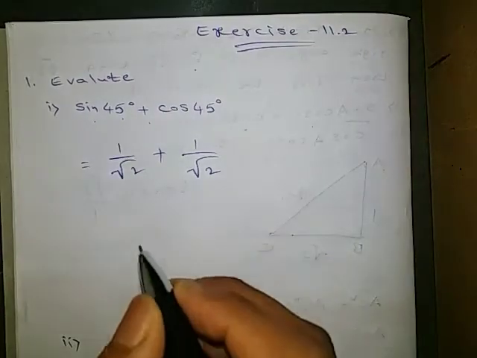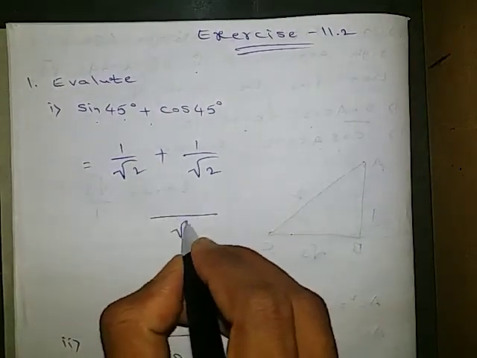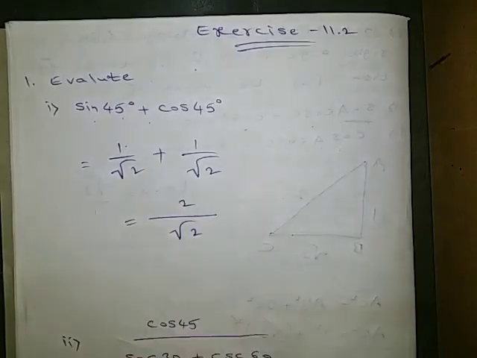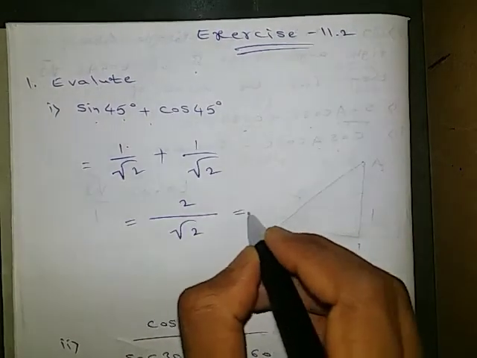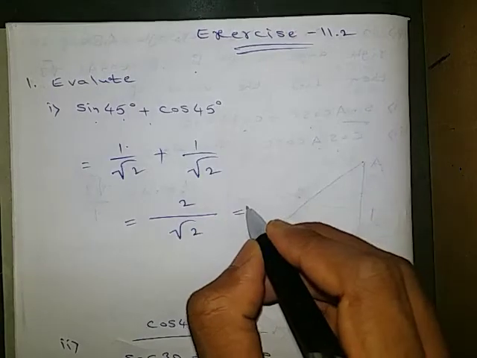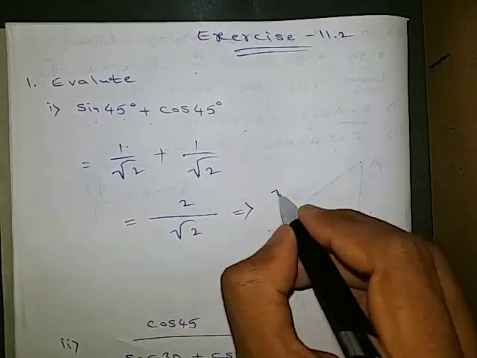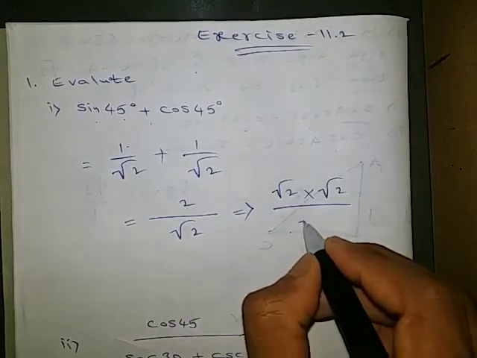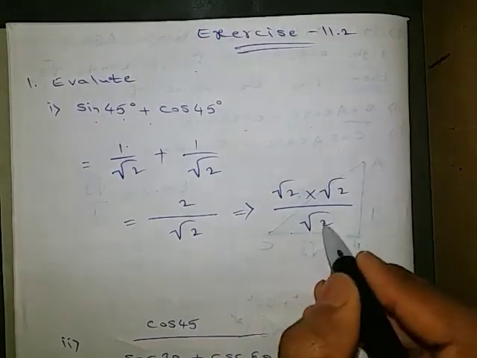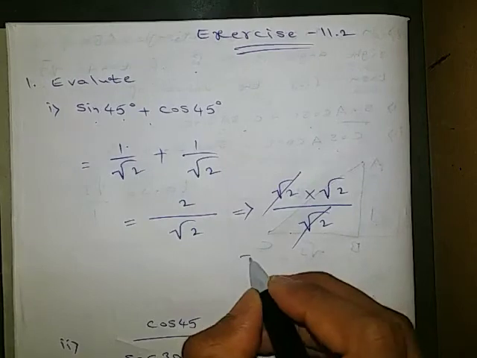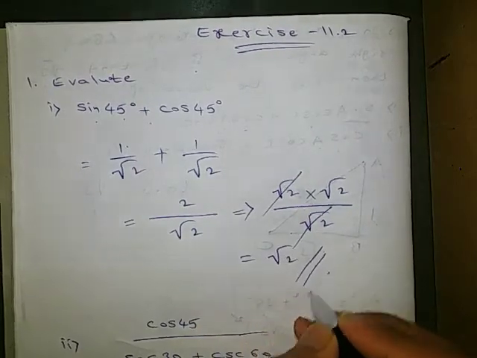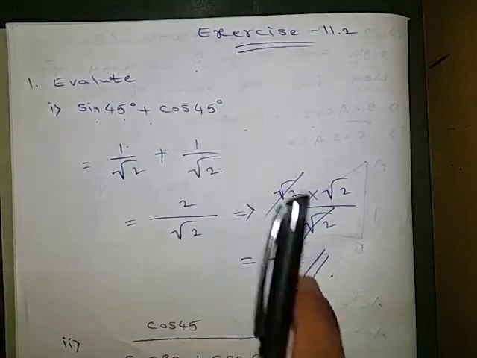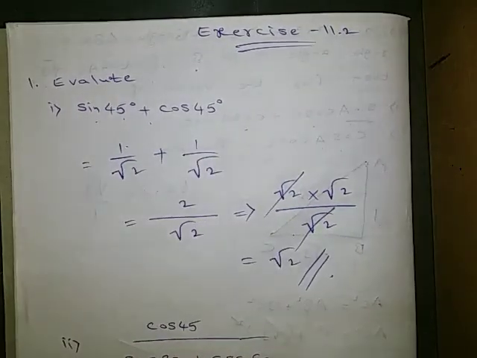Here both the denominators are the same, so add the numerators: 1 plus 1 is 2, so 2 by root 2. Now the numerator 2 I will write as root 2 into root 2, whole divided by the denominator root 2. So root 2 will get cancelled, and we finally remain with root 2. So the value of sine 45 plus cos 45 is nothing but root 2.